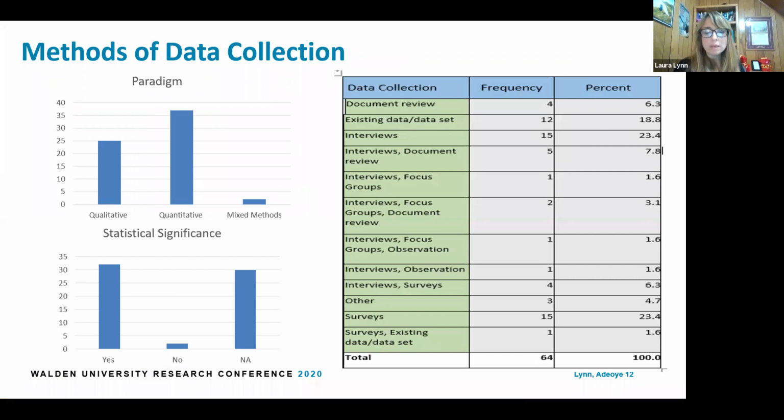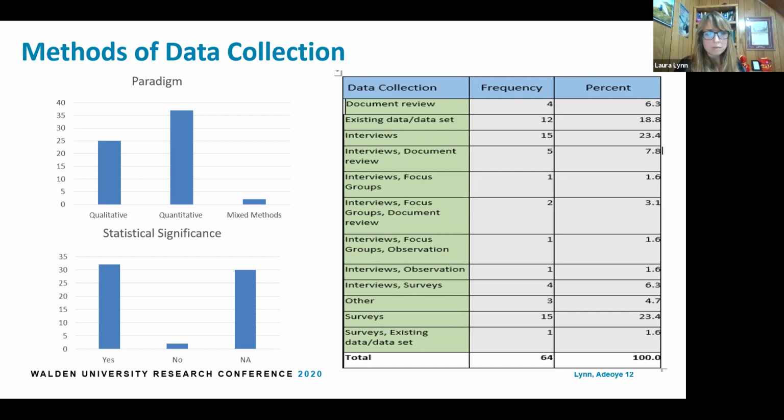Okay, so this is really a combination of data collection and a bit of methodology discussion. You'll see a large portion of quantitative studies, and then another large portion, about 39%, were qualitative studies, and less so mixed methods.